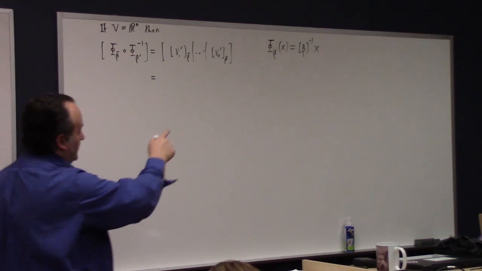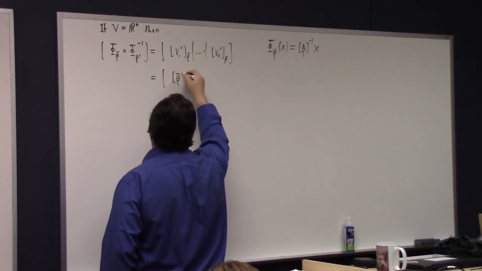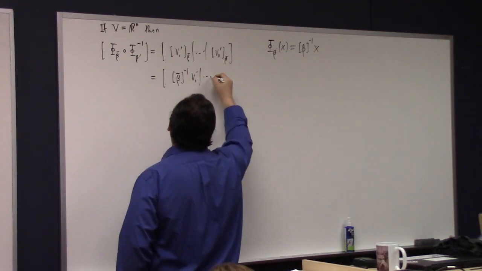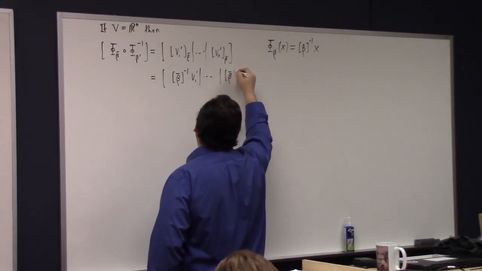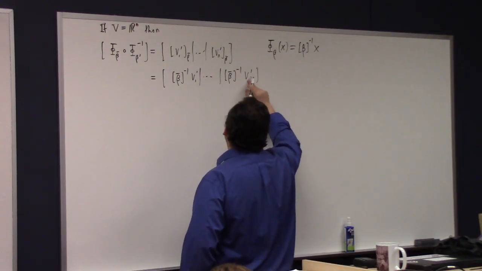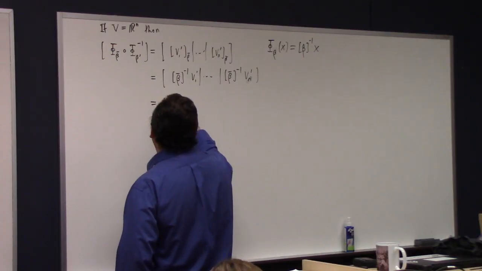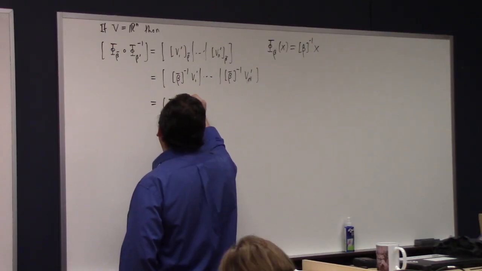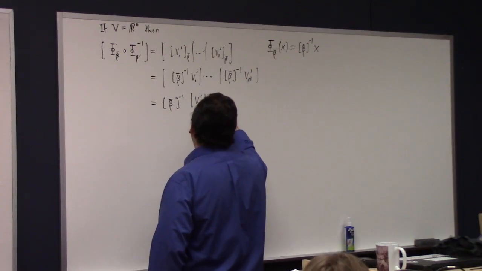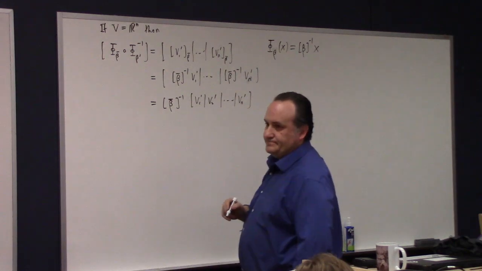So if I use that here, I've got beta bar inverse times v1 prime and beta bar inverse times vn prime. But then we can do the column by column matrix multiplication rule, and that's beta bar inverse, because it's everywhere, times v1 prime, v2 prime, vn prime, all right?